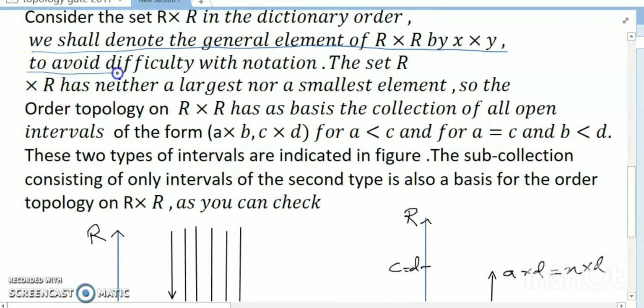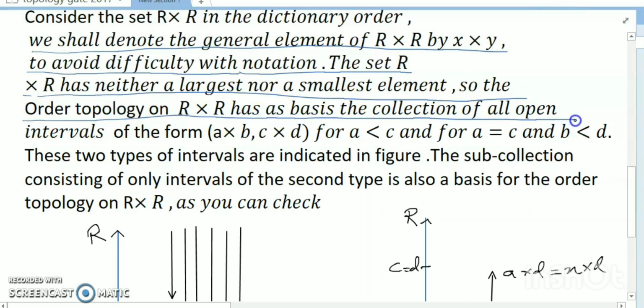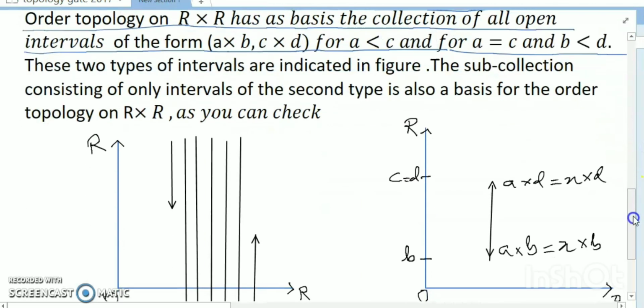To avoid difficulty with notation, the set R cross R has neither largest nor smallest element. So the order topology on R cross R has a basis, the collection of all open intervals of the form A cross B, C cross D, where A is less than C, or B is less than D.